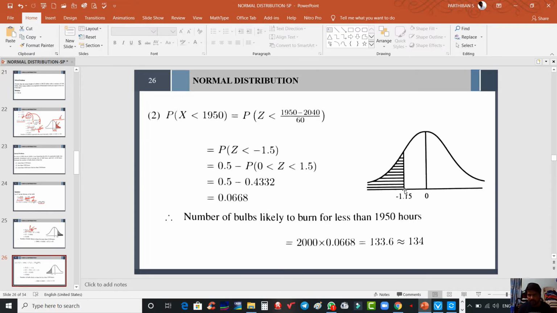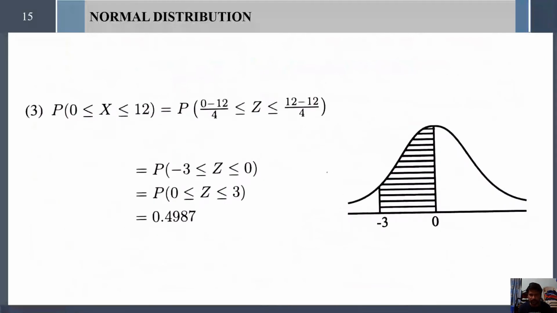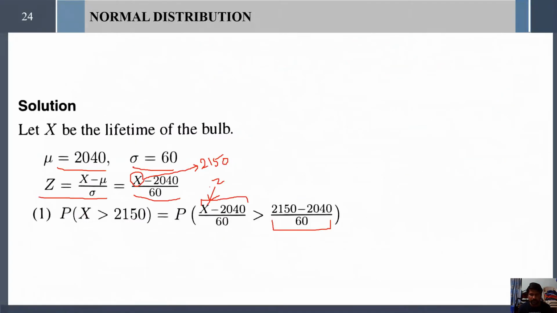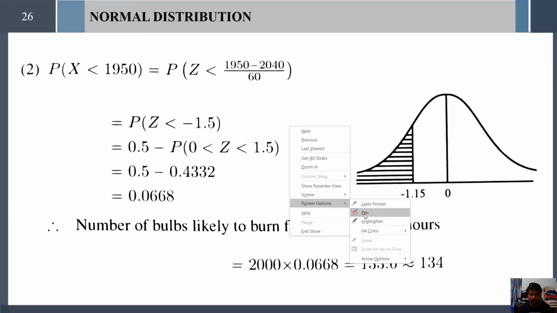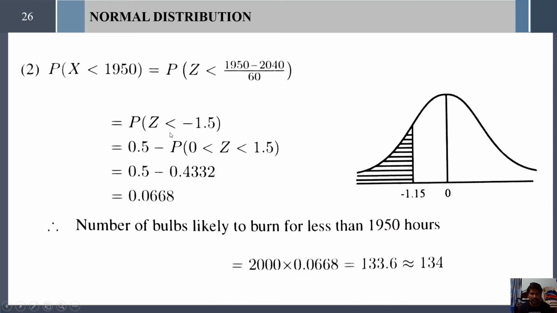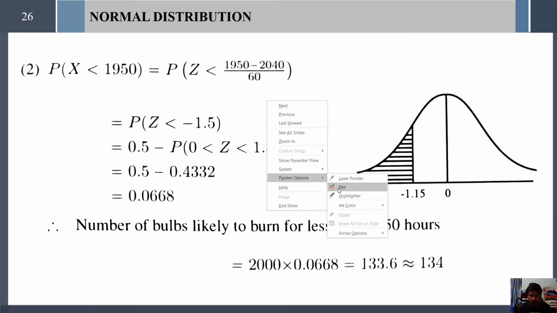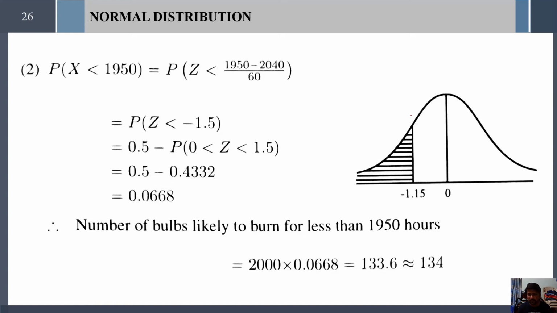Minus 1.5 lies on the left hand side of 0.